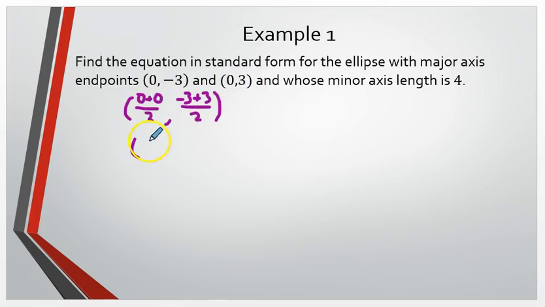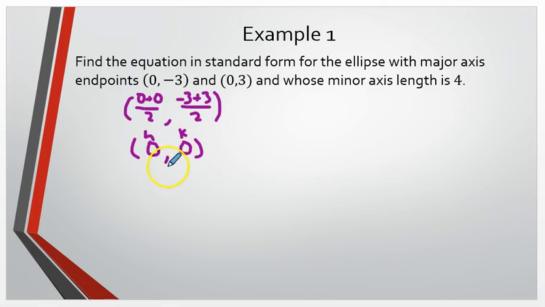Well, 0 plus 0 divided by 2 is 0, and -3 plus 3 is 0, divided by 2 is still 0. So that's actually my center, which is my h and my k value. So now I know h and k, and I know the center of the ellipse.